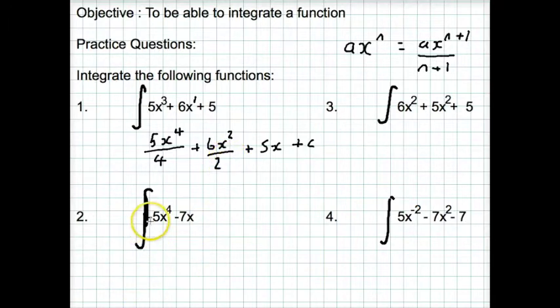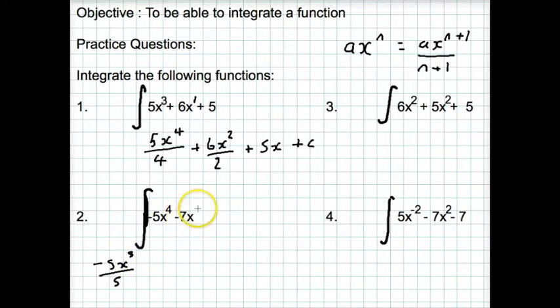Question 2. We've got the negative here, so what would happen to this? This would become negative 5x. The 4 would be raised to the 5, and then this would have to be divided by 5.